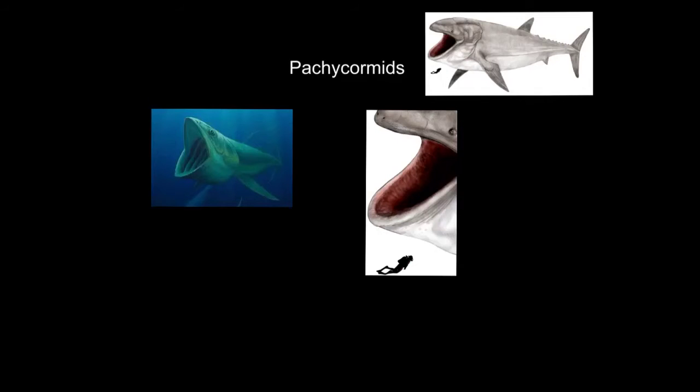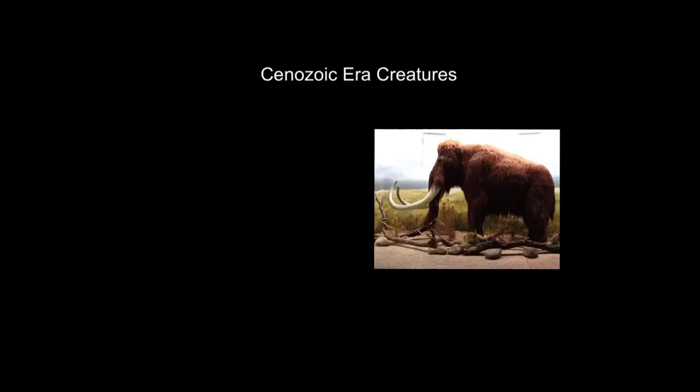It could easily extract zooplankton with its gill rakers and gill basket that just really sucked in as much as it could hold, really, overall. So there you have it, the pachycormids. Gigantic. Just gigantic. So now we're moving on to the Cenozoic era creatures.